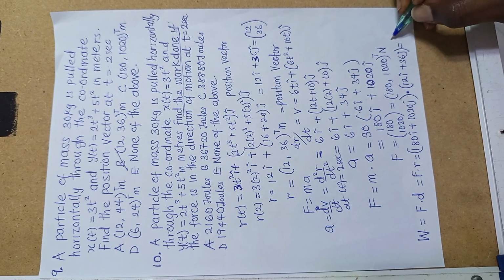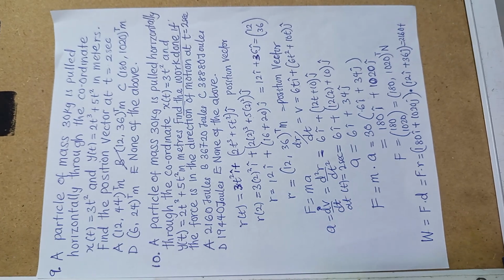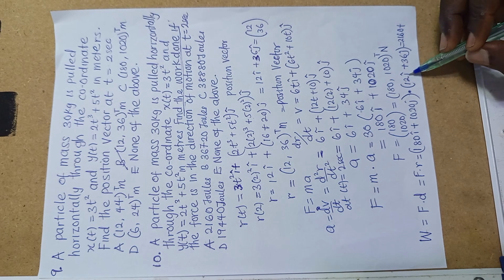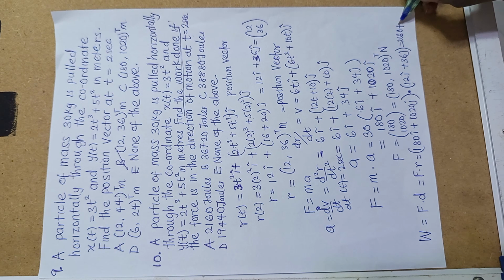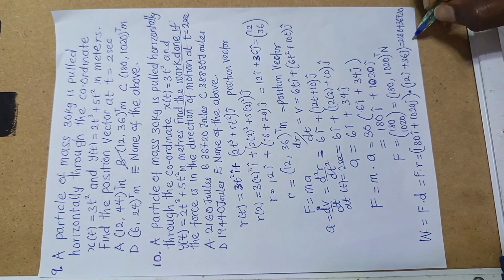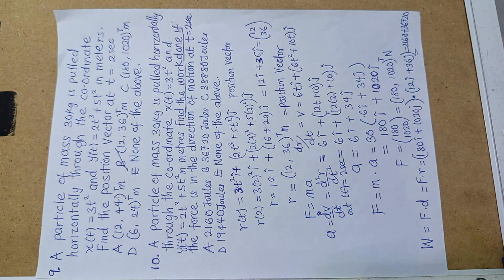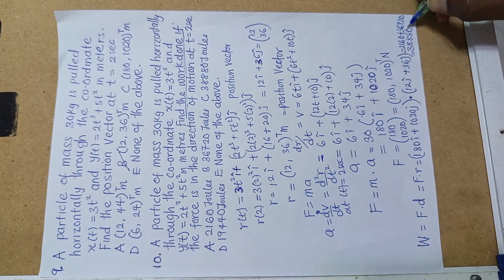If you do that, this multiplied by this gives 180 multiplied by 12, which is 2160, plus 1020 multiplied by 36, which is 36720. This is a dot product: i multiplies i, while j multiplies j. Adding them together, our answer is 38880 joules.